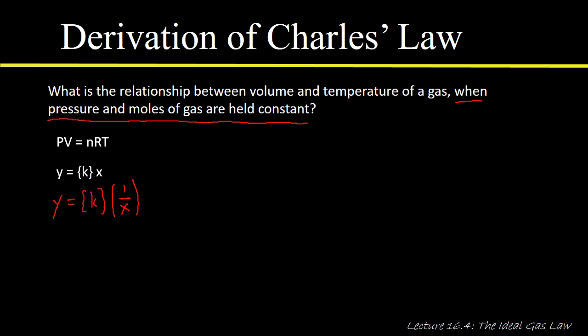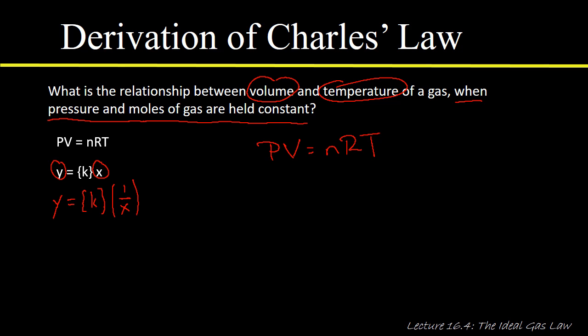All right, so we'll start with the ideal gas law, PV equals nRT, and we want a relationship between volume and temperature. So we want to isolate those two variables and put them as far apart as possible. Put one all by itself on the left, that's our Y, and put the other one all the way over on the right. Temperature is already on the right in this equation, so we'll just leave it over there.